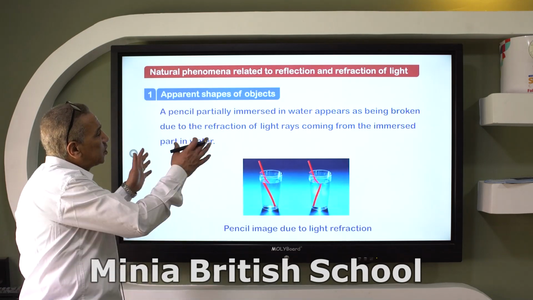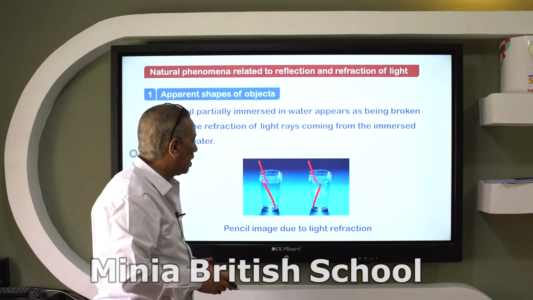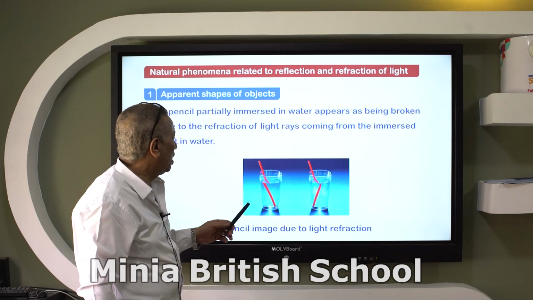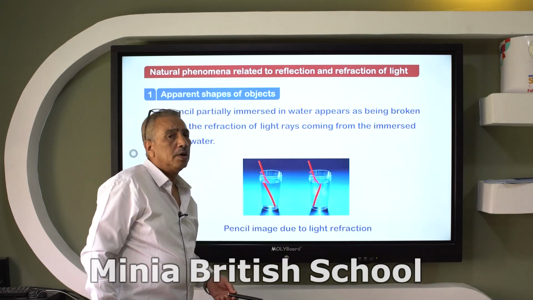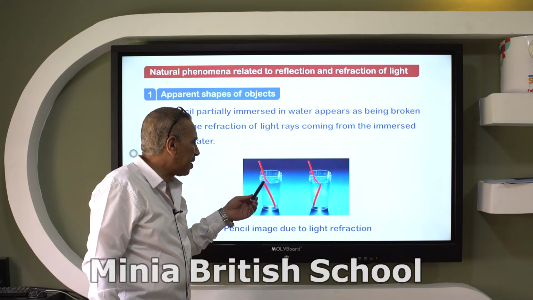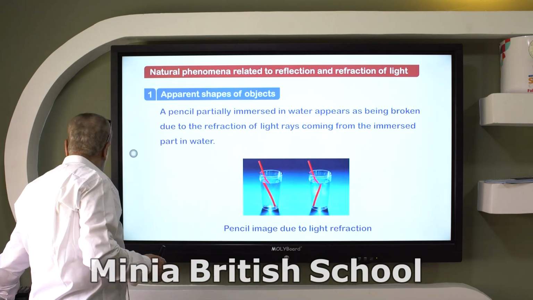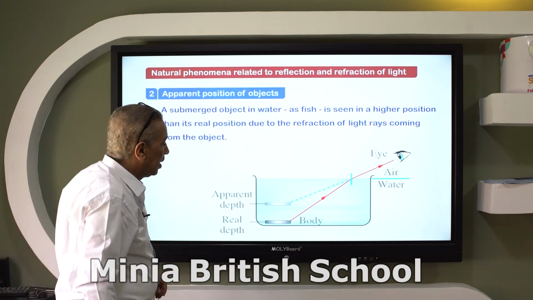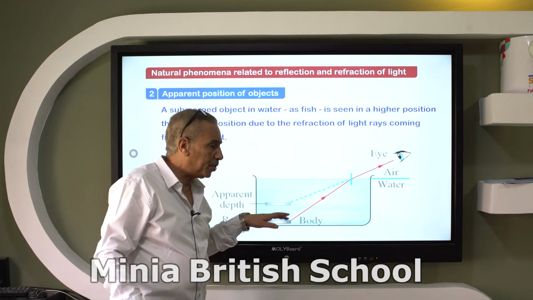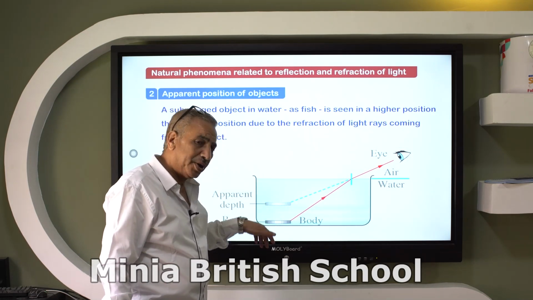Okay? We have some phenomena and some applications of light reflection and light refraction. If you put a pen in a glass containing water, you will see that the pen appears broken due to the light refraction. Here, this is a basin which is containing water, and there is a coin or a body in the water.